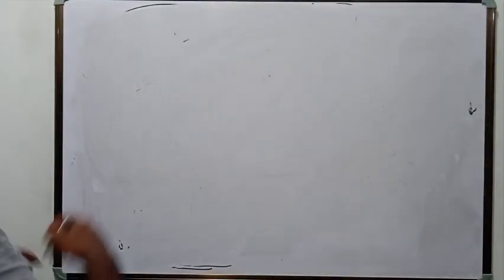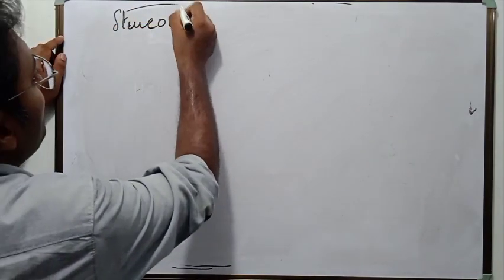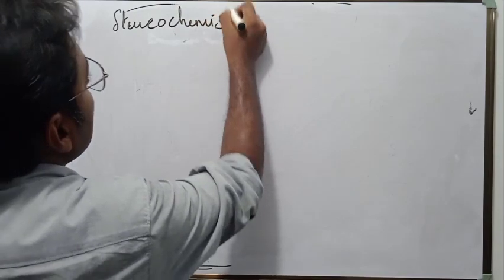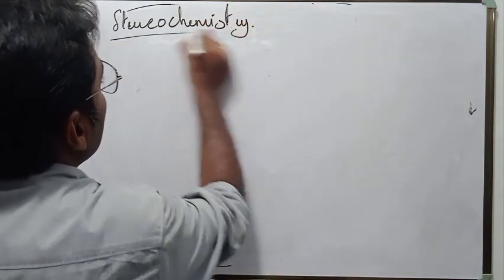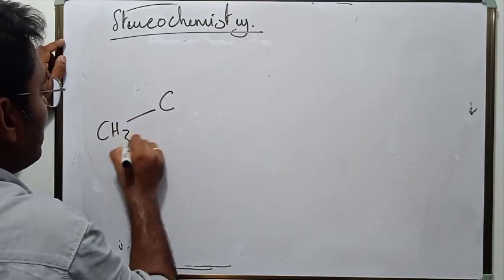There is another thing that is to be seen, which is stereochemistry of alkyl halides. Steric hindrance of alkyl halides. So we will see primary alkyl halide here.